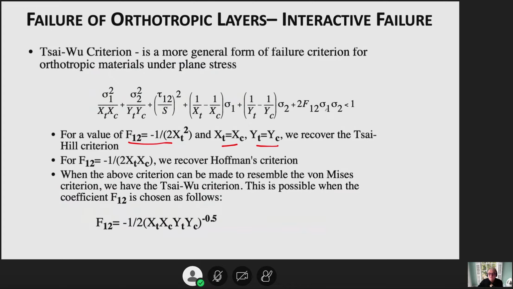And then there's F12, where some people try to make it a science out of it, and this is the more generalized form of it. I'm by no means trying to downplay their role. It's very important. But we don't do this in day-to-day engineering work. This is material science work, and we're not material scientists. We are engineers who will just get these strength allowables and use them however they are available to us.